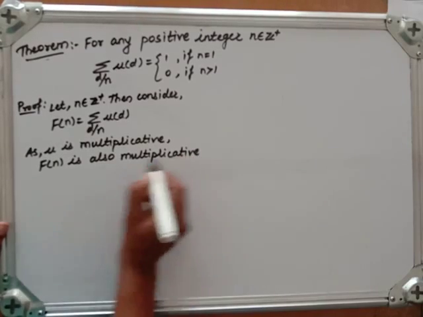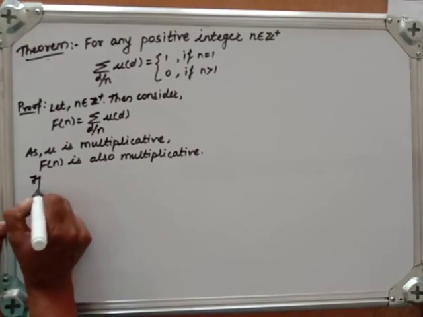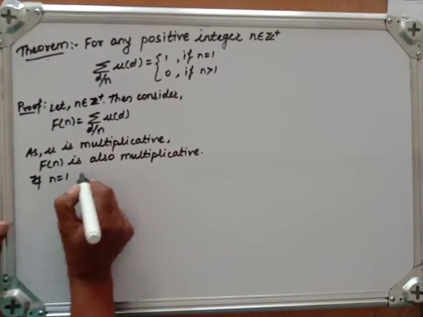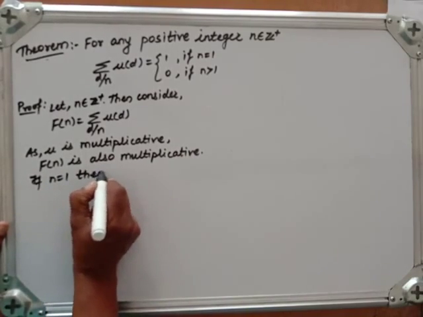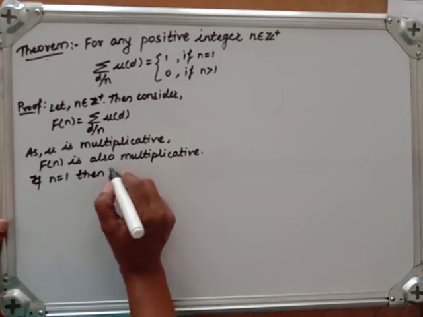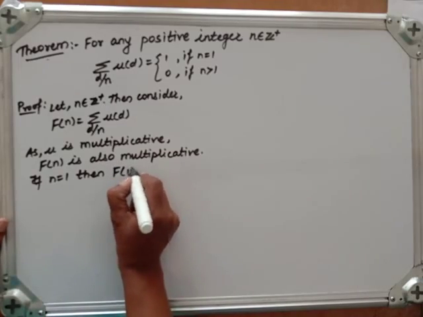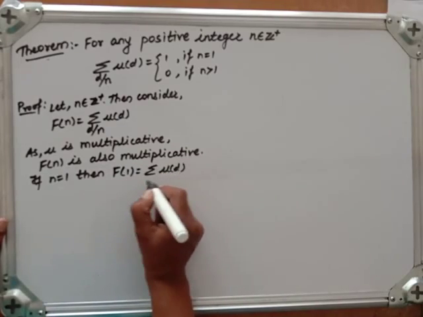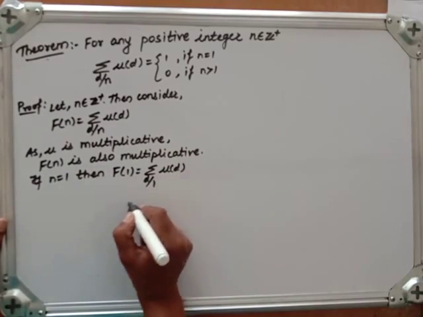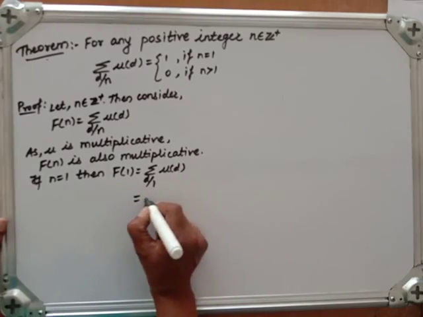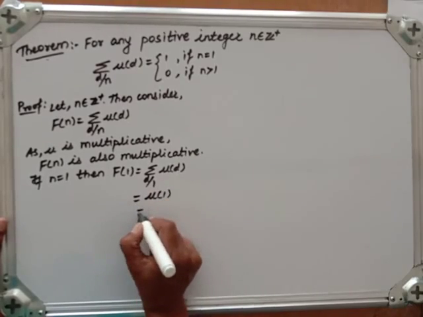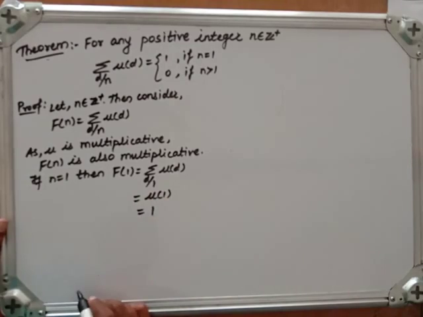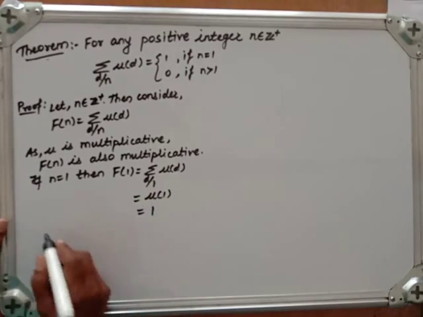If n is equal to 1, then F of 1 is equal to the summation of mu of d where d divides 1, and that is equivalent to mu of 1, and it will be 1. Fine.